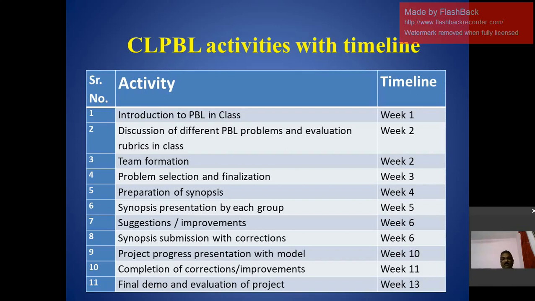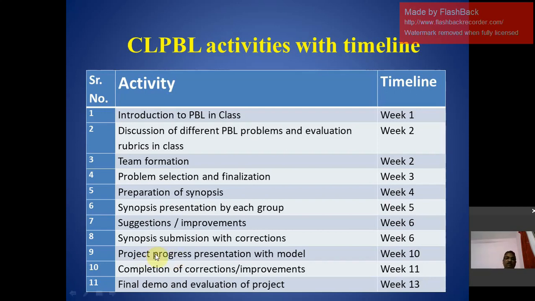I have assigned 5 marks for synopsis presentation, and for final evaluation I have given 45 marks. So total marks are 50. Then after the synopsis presentation, give some suggestions and improvements, and they will resubmit the synopsis after corrections.